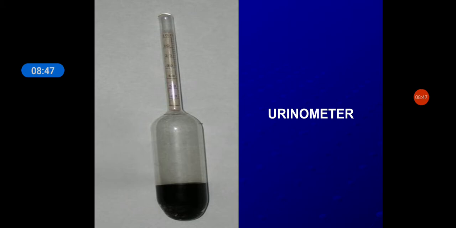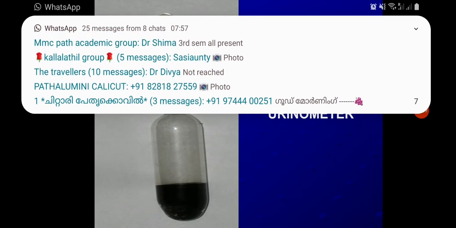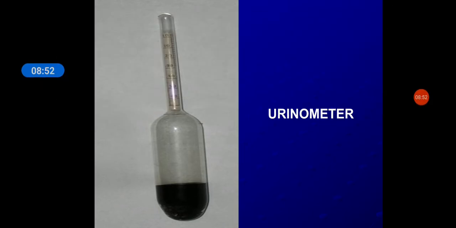So you label it as polyuria when it is more than 2000. And you label it as oliguria when the urine output is less than 1200. Anuria is total absence, that is when the urine output is less than 200, or now it is changed to even 100.